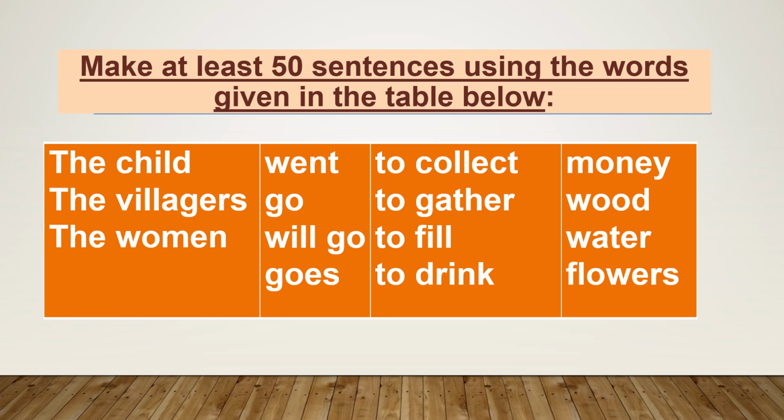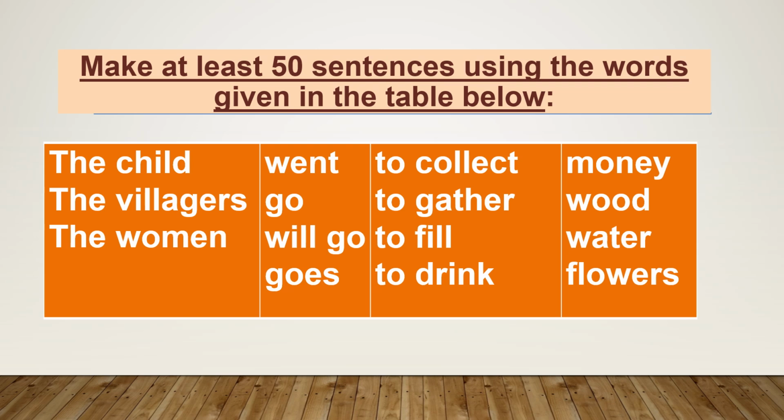And the test which we have today is you have to make at least 50 sentences, using the words which are given in the 4 columns. You have to put the words in the 4 columns together in different combinations so that you get 50 simple, complete sentences.